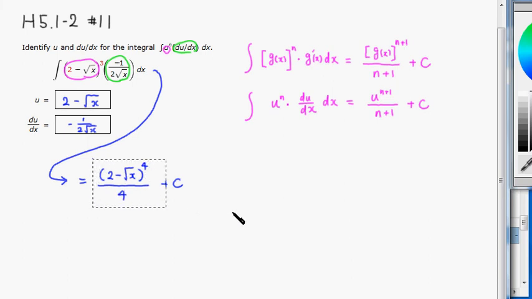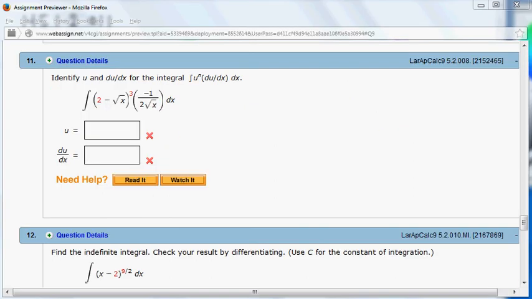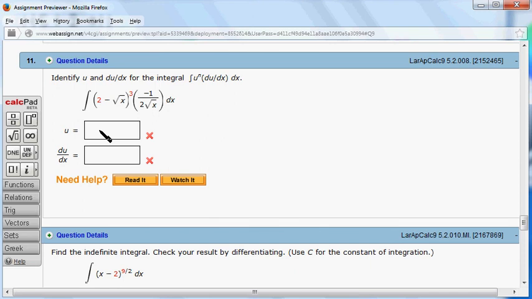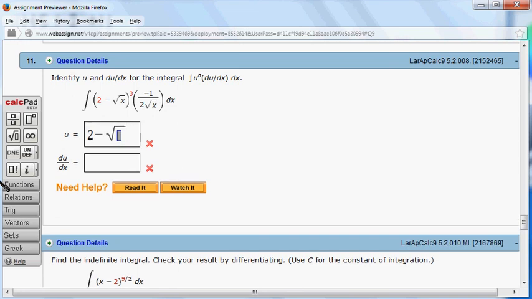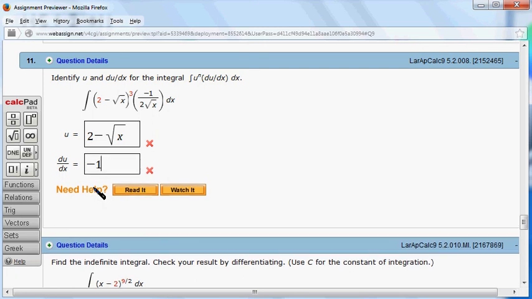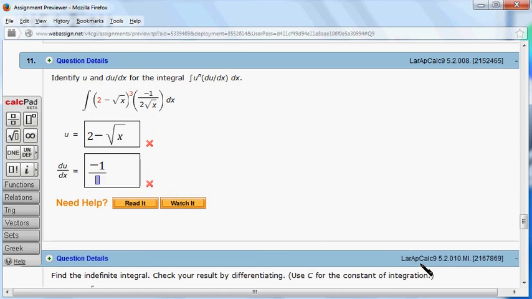Let's type this in and see if they are correct. So u was 2 minus square root of x, and du over dx is negative 1 over square root of x.